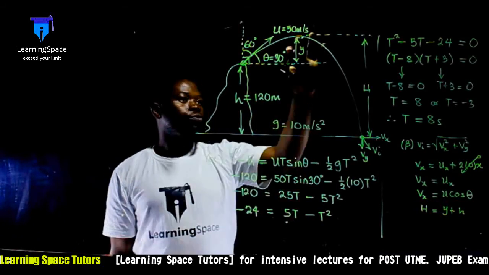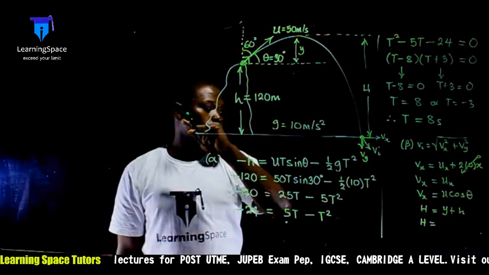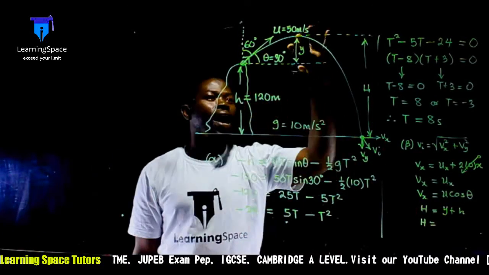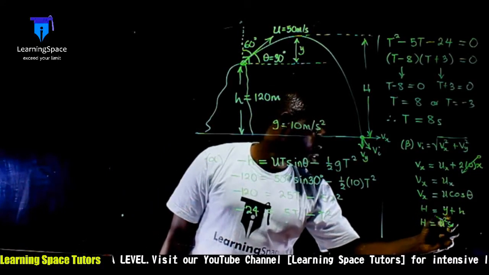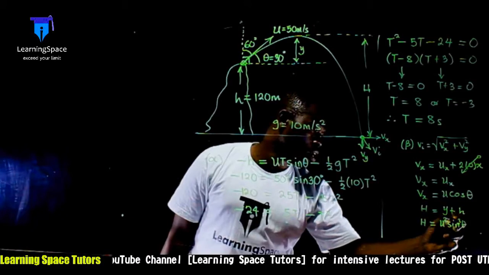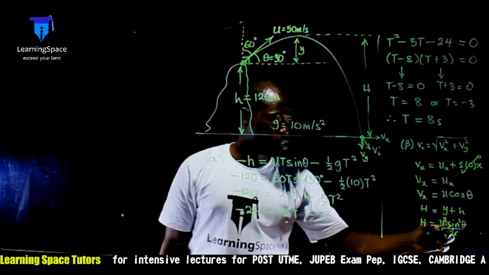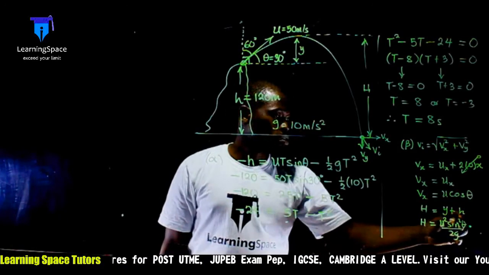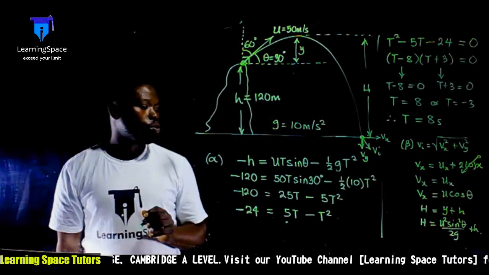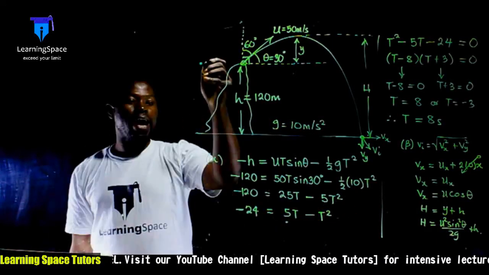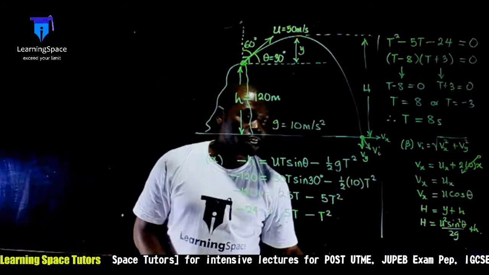Now, from our knowledge of case 1 of the projectile, we know that the maximum height above the point of projection is u squared sine squared theta, all divided by 2g, plus h. Now we can evaluate that from our given parameters.